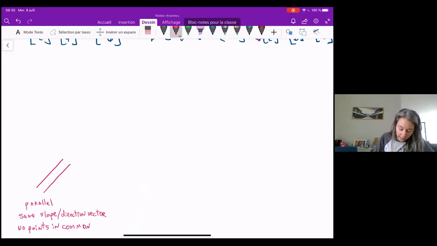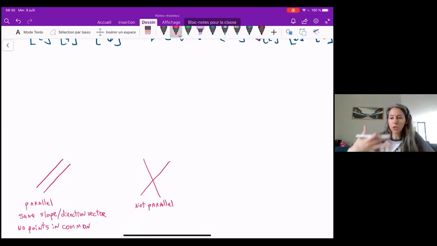I could have two lines that are not parallel. So maybe they intersect at 90 degrees, like maybe they're perpendicular, but maybe they just intersect at some point. So these are not parallel. And notice, if two lines are not parallel, they can intersect at most one time. This goes to our first theorem: linear equations can have either one solution, no solution, or infinite solutions.